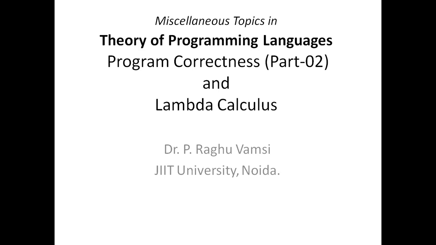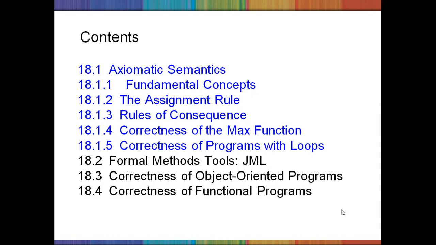Validation will always be done with the specifications, and verification will be done according to the product that we have already built. In the last lecture we saw axiomatic semantics, in which we learned how to put the inference rules and how to place the preconditions and postconditions. Then how to check the program segment.